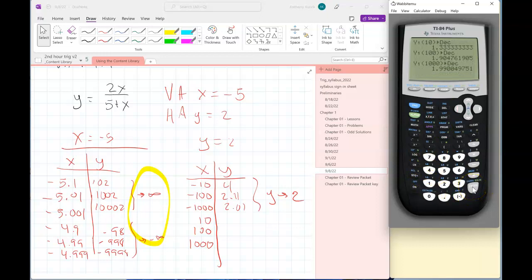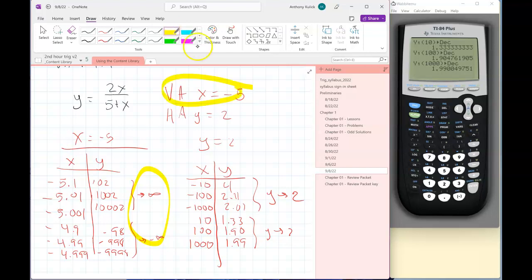So I have 133, 190, and 199. What does it look like we're heading towards? 2, which makes sense. So that's the evidence that I'd be looking for.